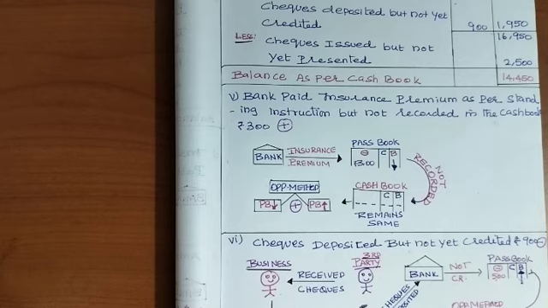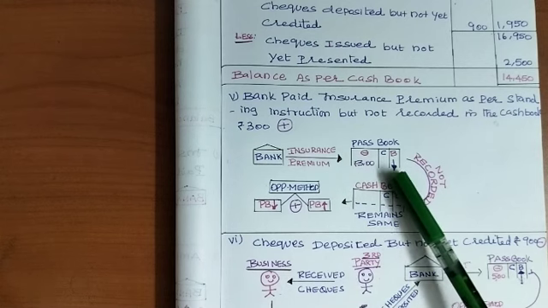In such a case, when the bank pays the insurance premium directly as per the standing instruction, how much? 300 rupees. It will immediately be decreased in the passbook.